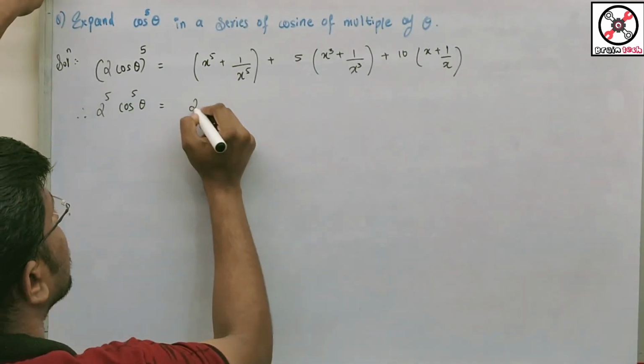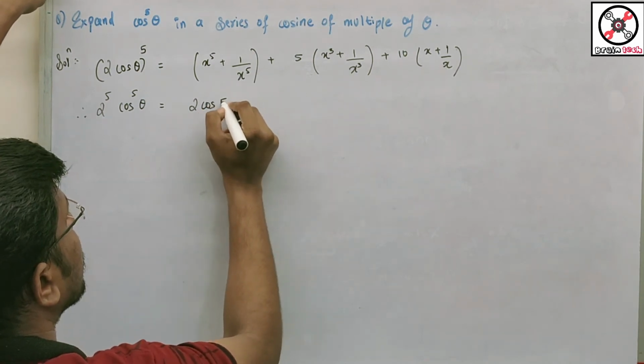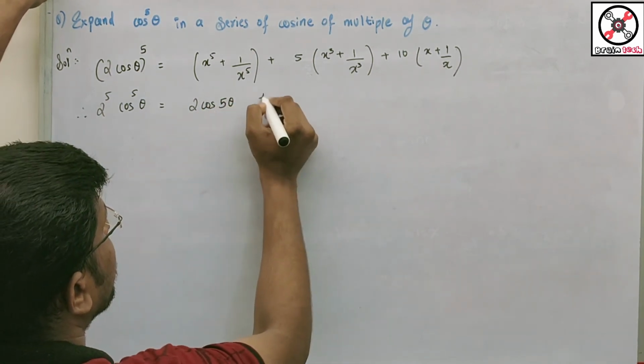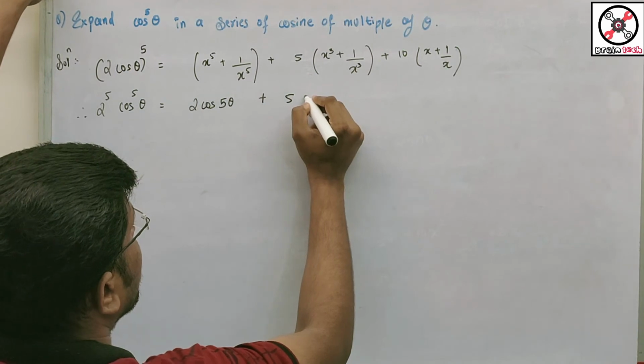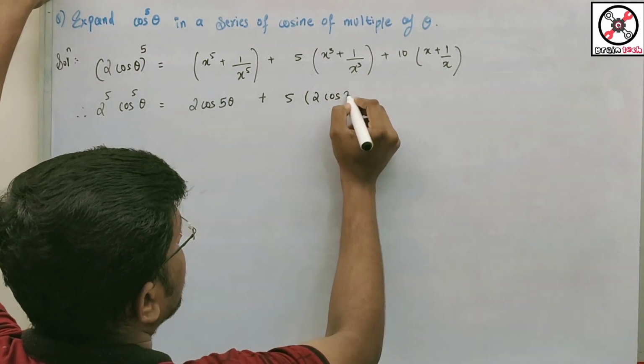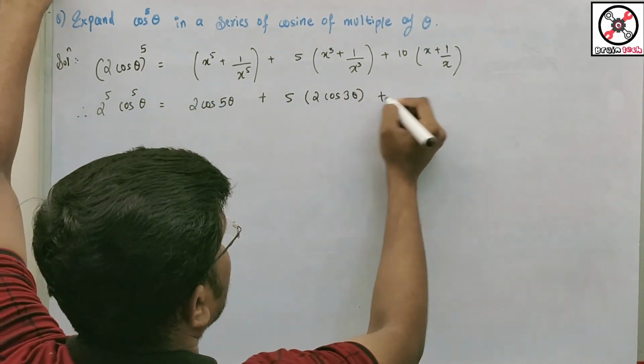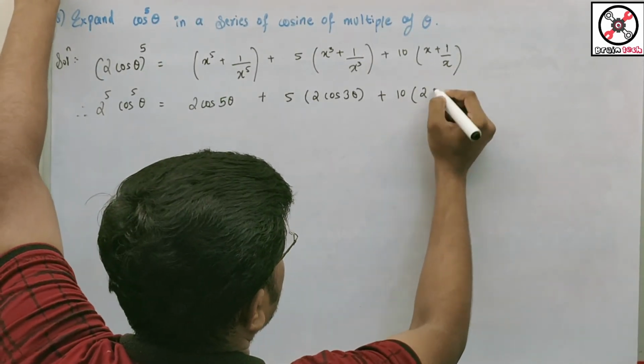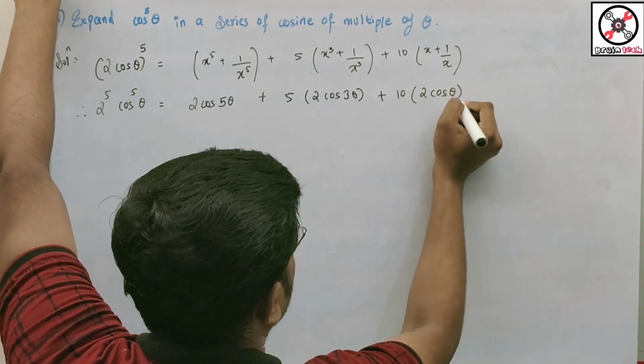So it is 2 cos 5 theta plus 5 times 2 cos 3 theta plus 10 times 2 cos theta.